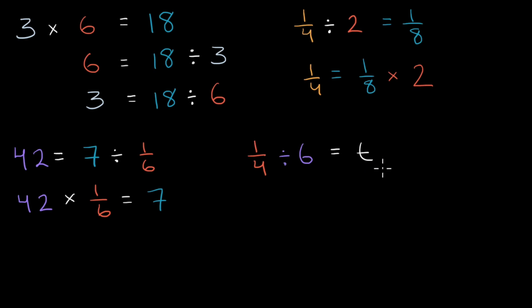Pause this video and try to think about it. So if 1/4 divided by 6 is equal to t, based on all of the examples we've just seen, that means that if we were to take t times 6, we would get 1/4. So we could write it this way: t times 6 is going to be equal to 1/4.